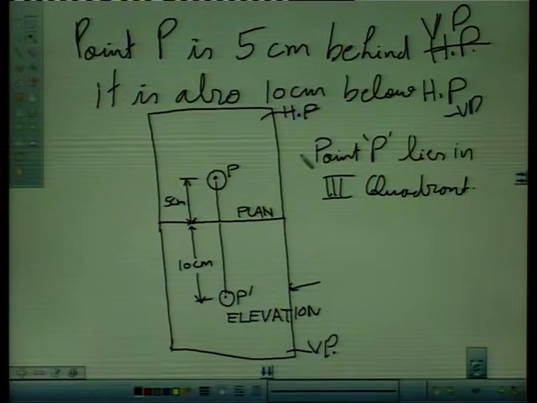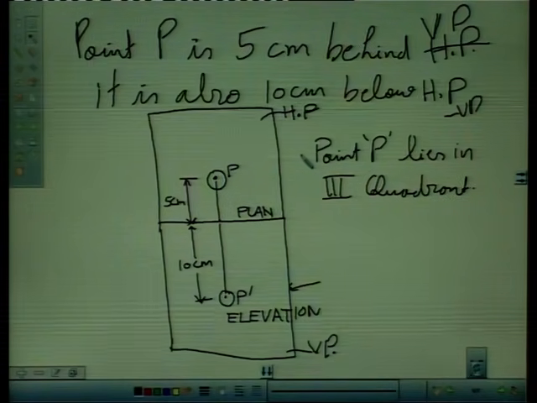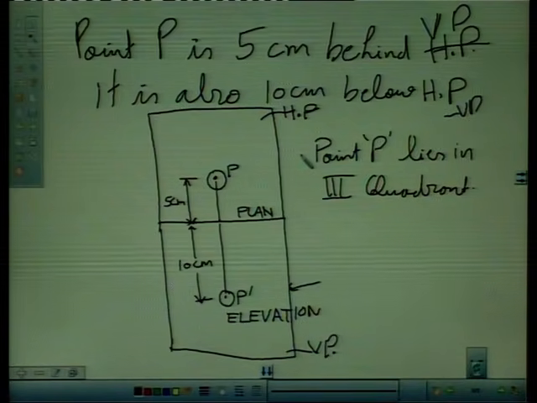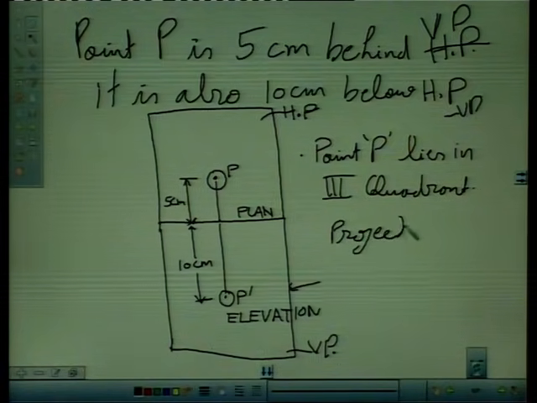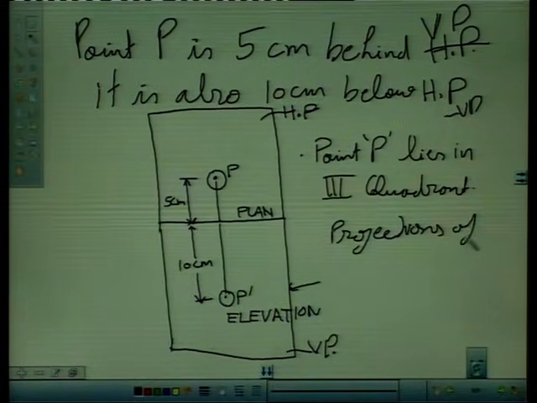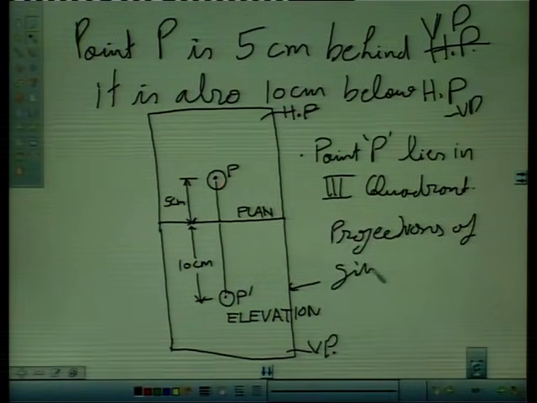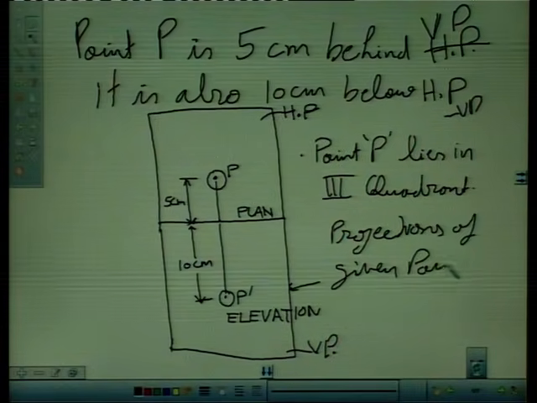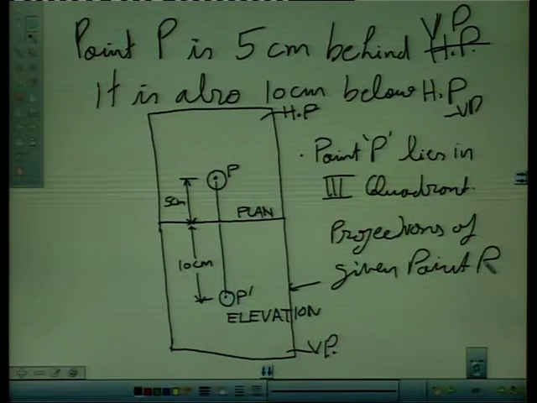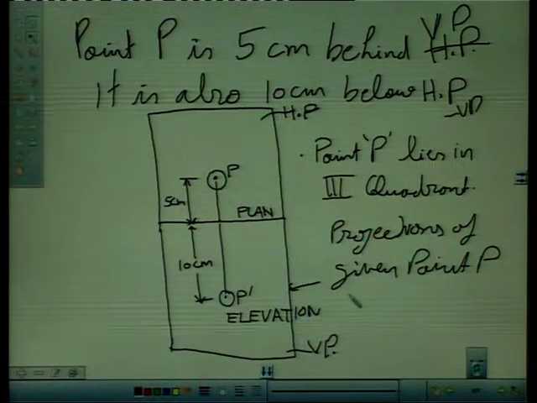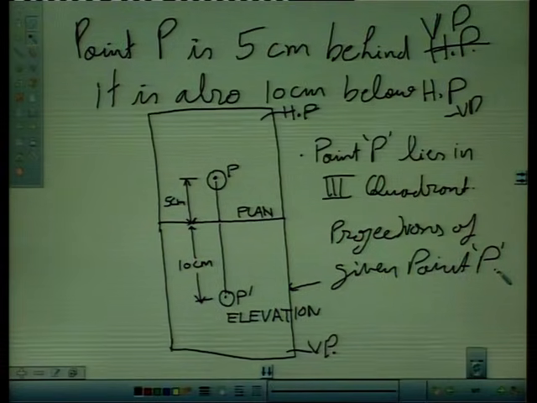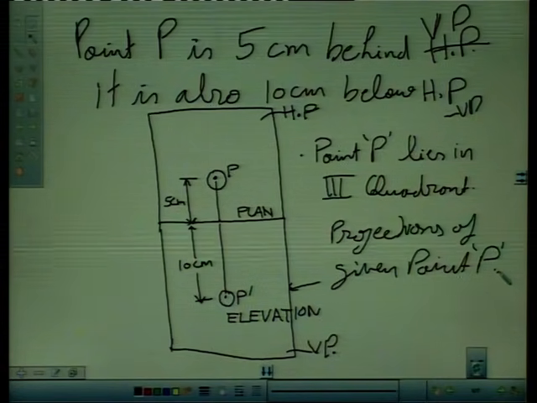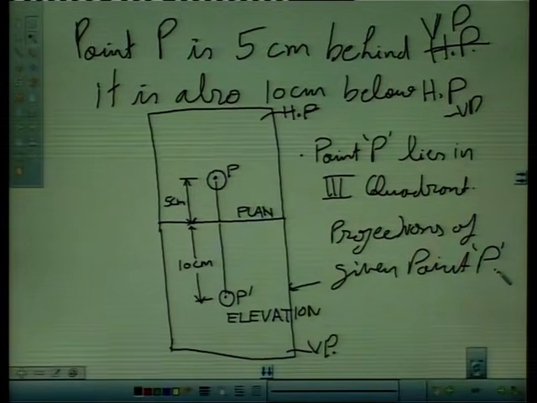Point P lies in third quadrant and give heading to this again in capital letters. You can write, projections of given point P. That is it. So we have solved the projection of given point P which is in third quadrant.